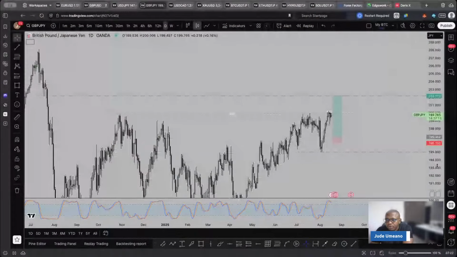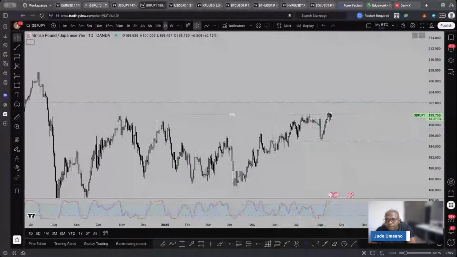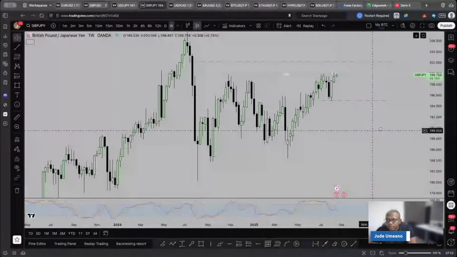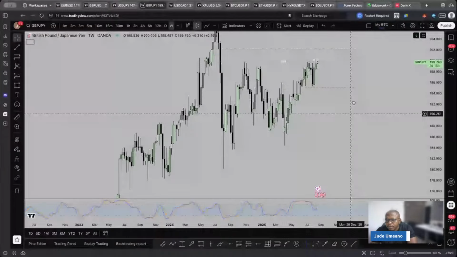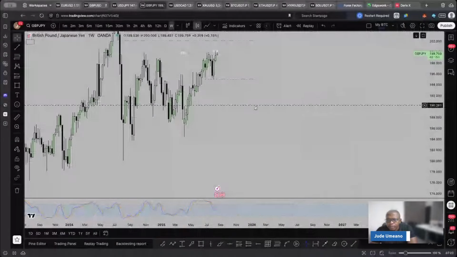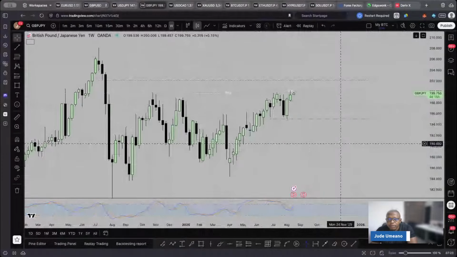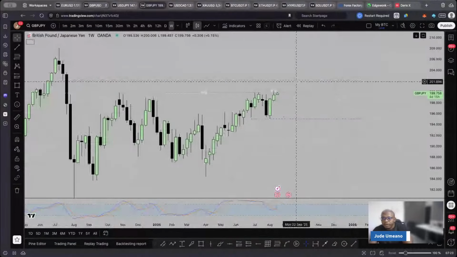Okay, so I'm going to look at the weekly again. GJ, what is our trading range?